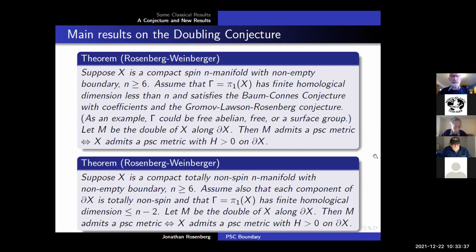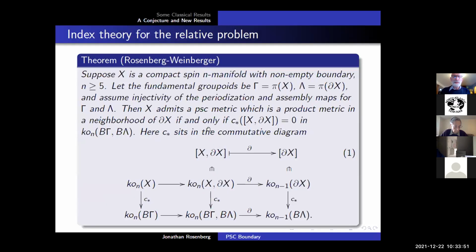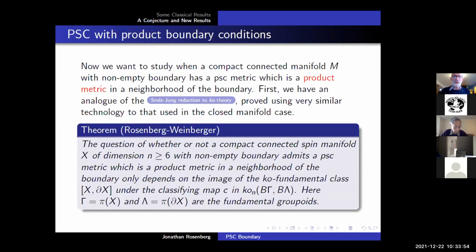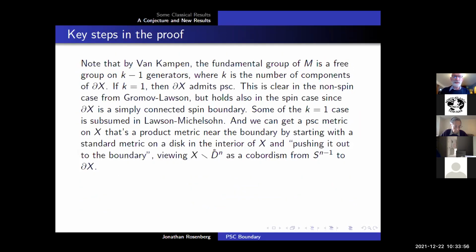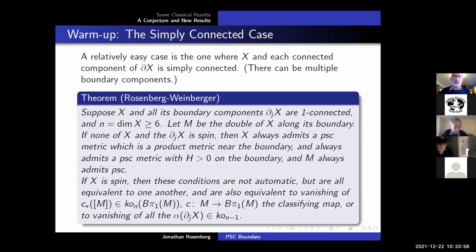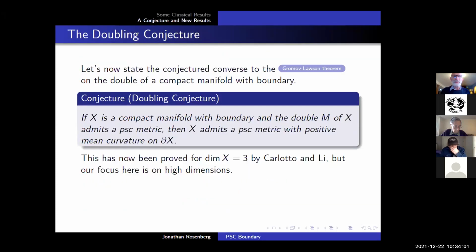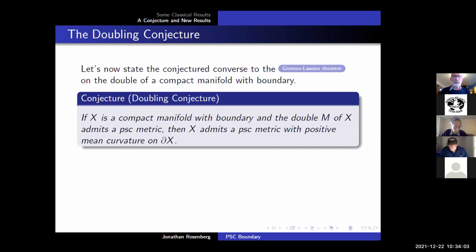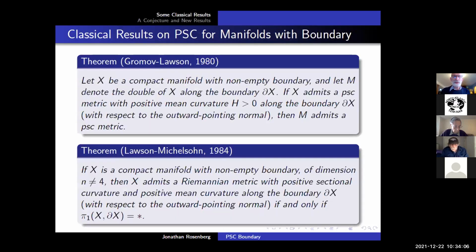I think this is the last slide, but let me now explain where all of this comes from. To get results on the doubling conjecture, we start with the results on product boundary conditions. Remember, we just talked about how to get a good result on product boundary conditions. So then what you want to do is apply the method of proof of Lawson-Michelsohn, this thing over here.